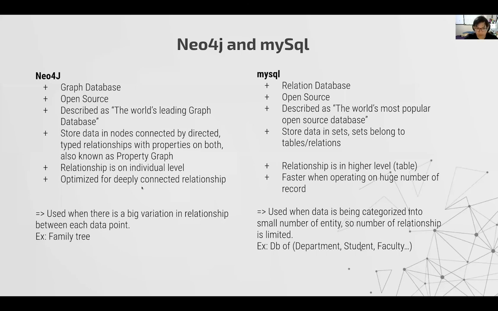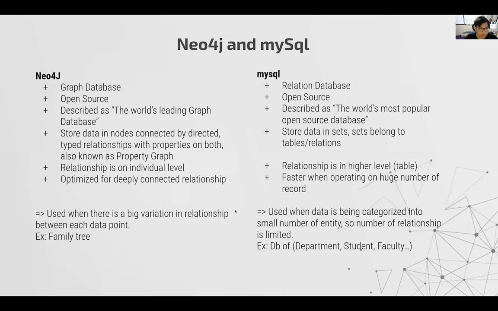So we can say that Neo4j requires more storage when storing the same amount of information as MySQL, because MySQL doesn't need to store the relationship between data point to data point.